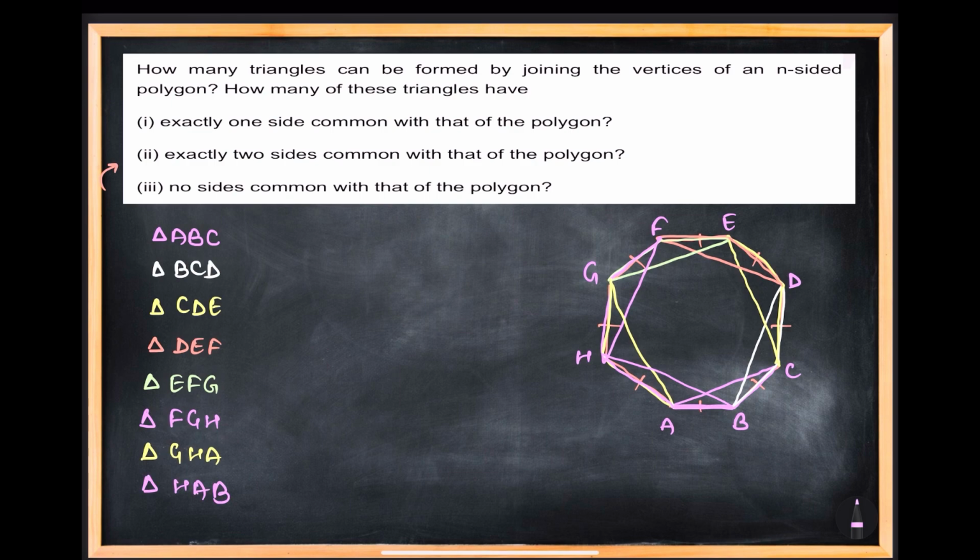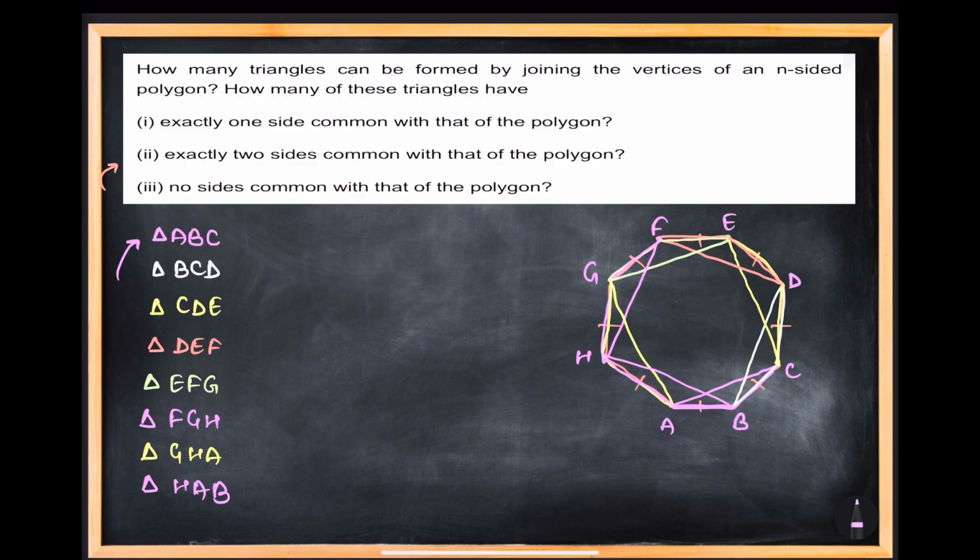Now if you take A, you will have ABC, which we have already connected. So this many triangles are possible if they share two sides in common.